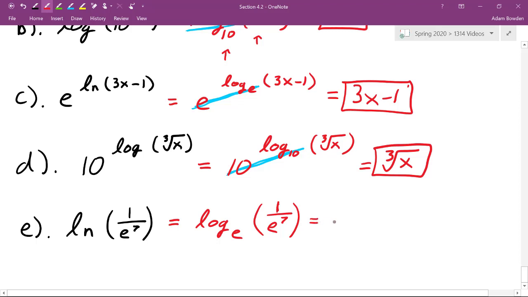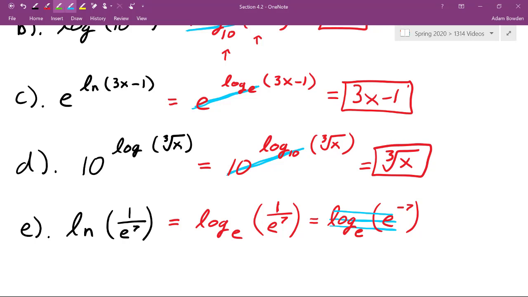To make this work, what I'm also going to do here is change this over to e to the negative 7 power, since that's a negative exponent in the denominator. And when I do that, these two things will cancel out completely, and all we're left with is just negative 7. So that's one way of using the cancellation between ln and e in order to simplify.